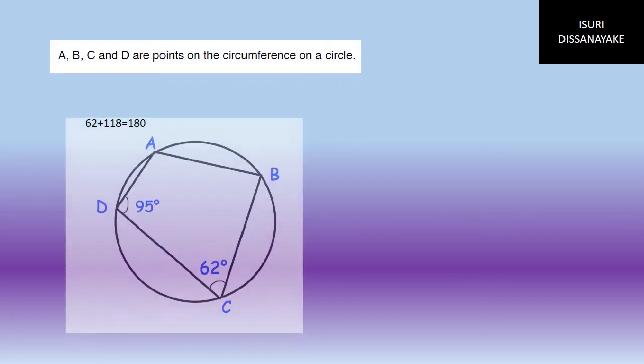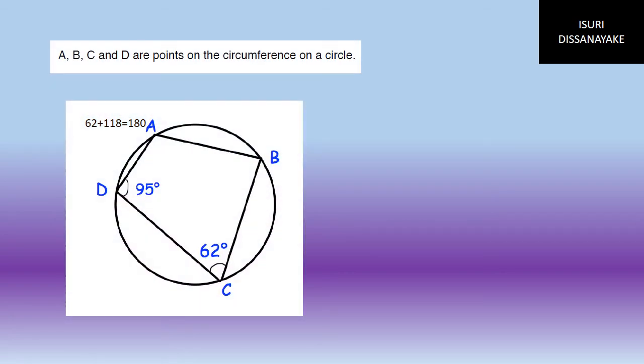So let's look at this example. In this example, you can clearly see angle B and angle D are opposite, and angle A and C are opposite. So angle B plus angle D equals 180 degrees. 95 plus 85 equals 180.